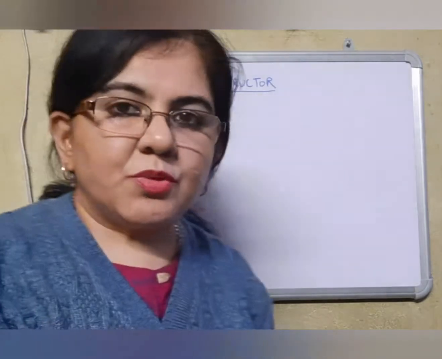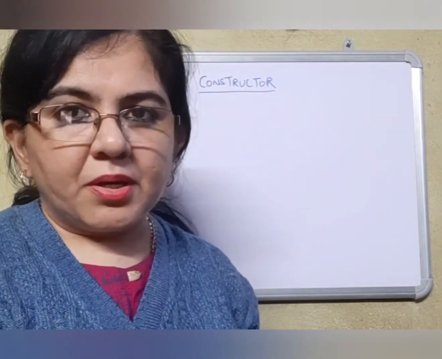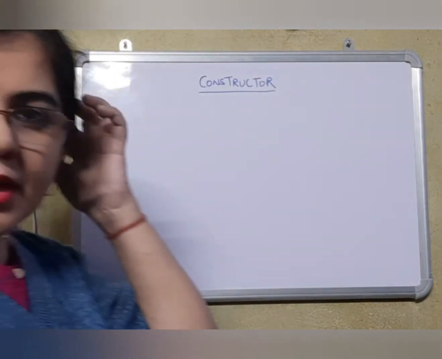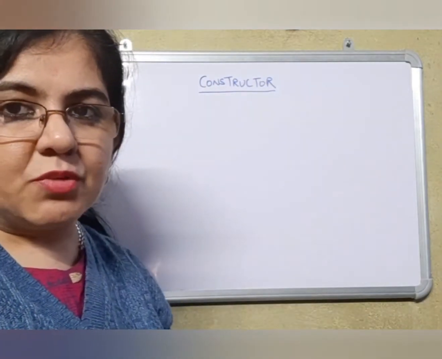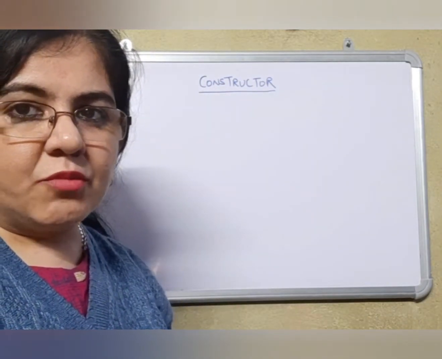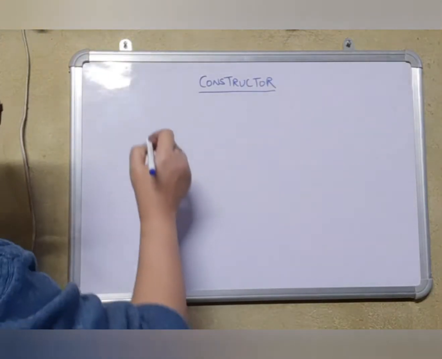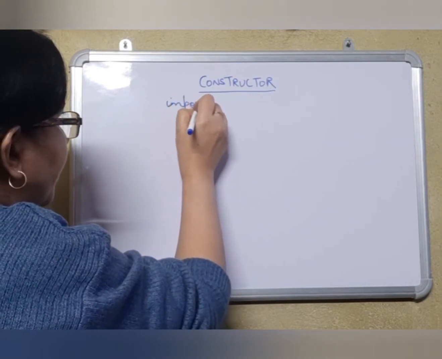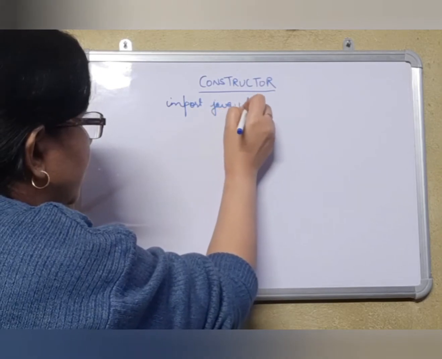Suppose it is said that we have to create a class number that has a data member int n and a constructor number that will initialize the number with 0 value, and then we'll have to take an input from the user. So let's see how do we make. We'll be importing java.util.